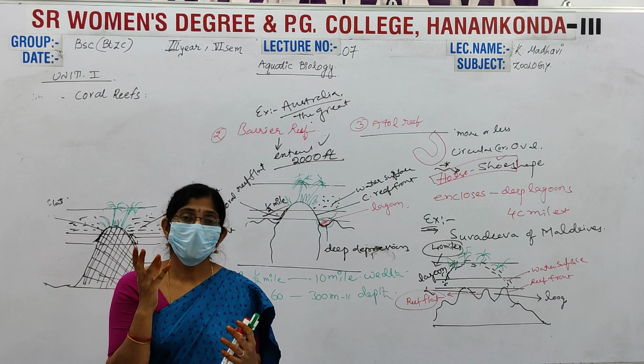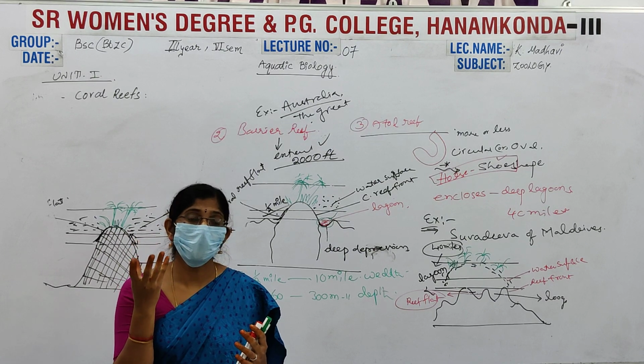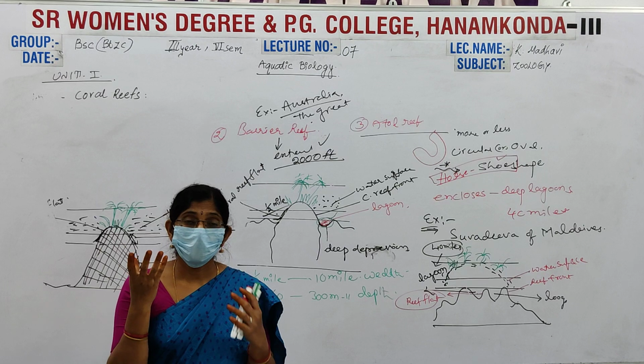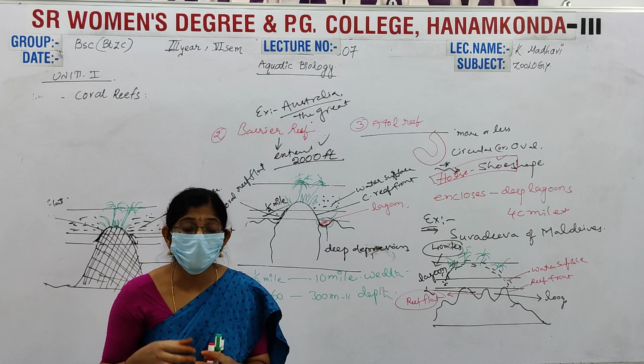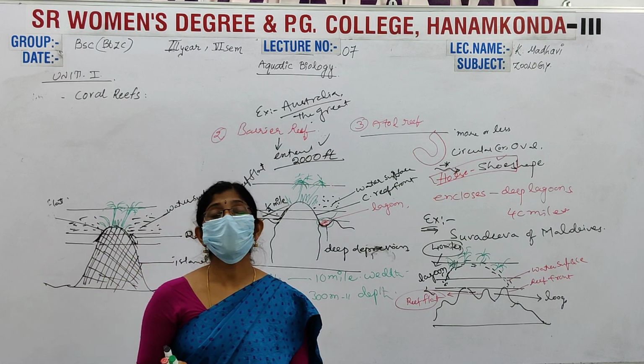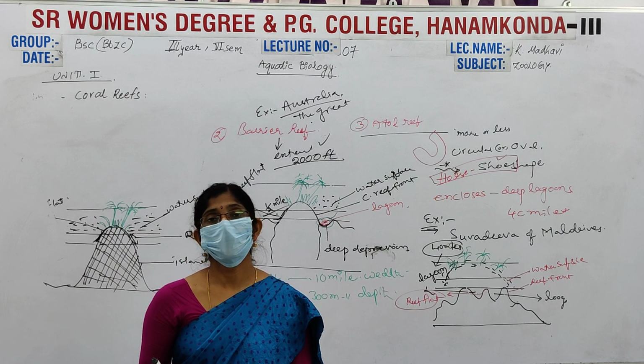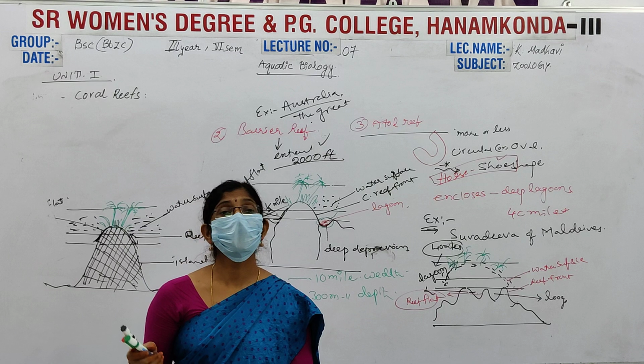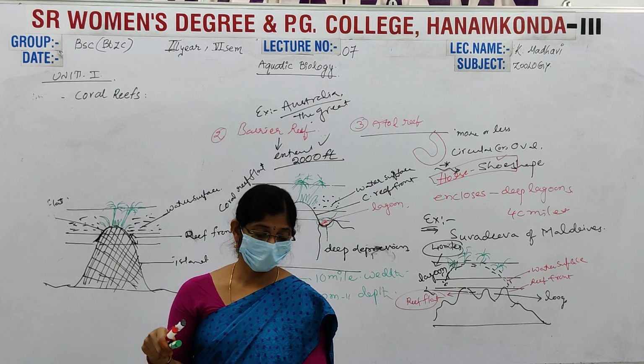Corals are living forms with polyp structures, and they are one of the most important homes for different types of animals, for example molluscans, brachiopods, snails, and many other animals.